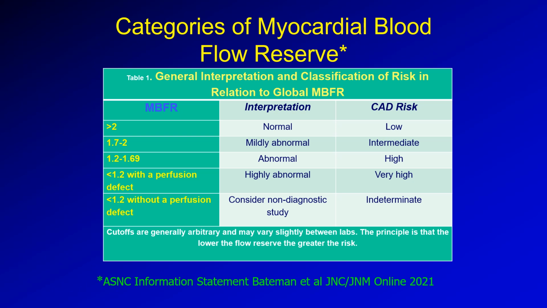If it's less than 1.2 without a perfusion defect, you probably want to consider this a non-diagnostic study. This is an indeterminate coronary artery risk, and you cannot rely on that. If the patient has a perfusion defect, then that falls into the high risk category.